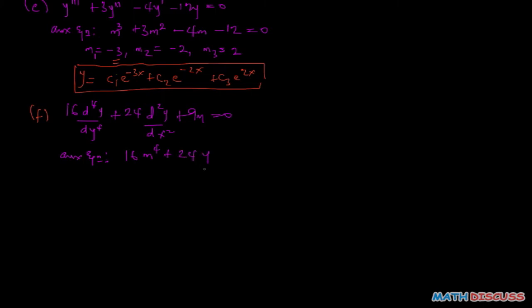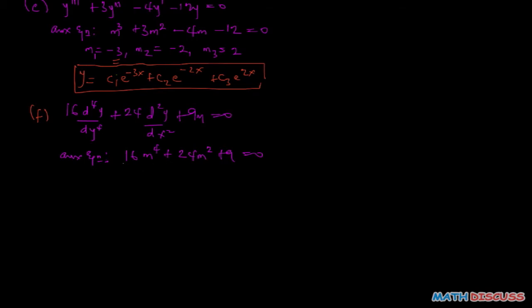Oh, sorry, that should be m to the power 2, then plus 9 equals 0. The next thing is we solve this quartic equation.